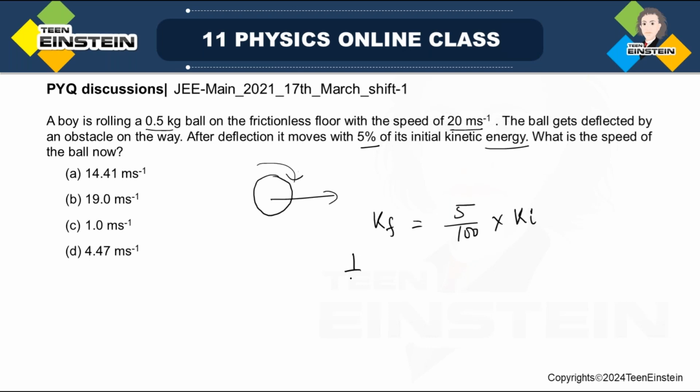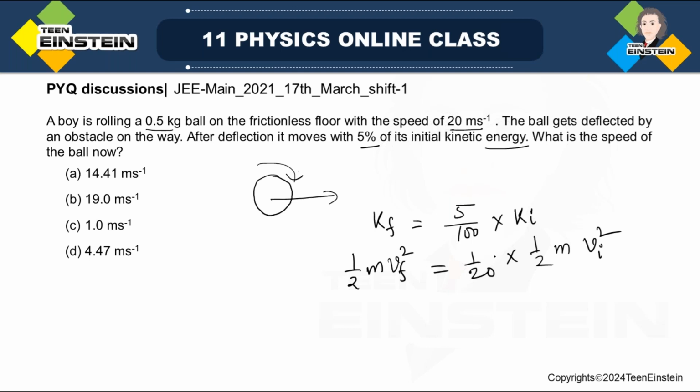We know mass is given, so we write half m Vf square, and here 5 percent means 1 over 20, into Ki. Ki means half m into V initial square.